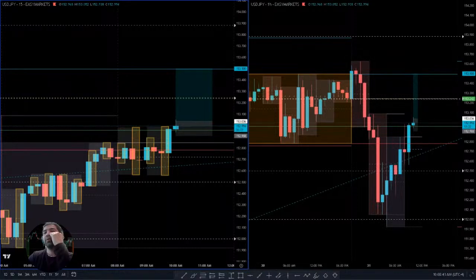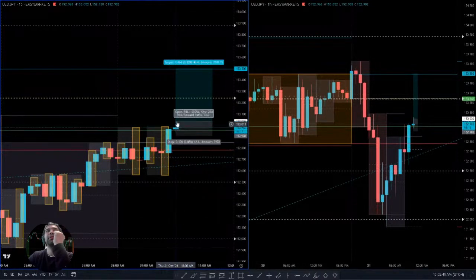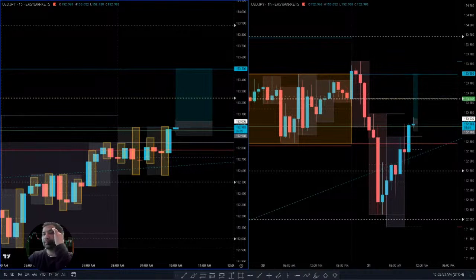The entry, guys, was around from underneath. Entry was around here. This was the entry. This should have been the entry. This is not it. I'm not happy with this trade. It was just a continuation trade.